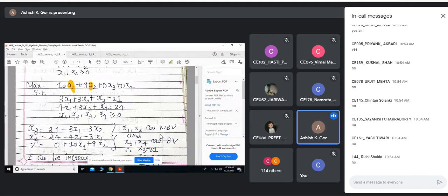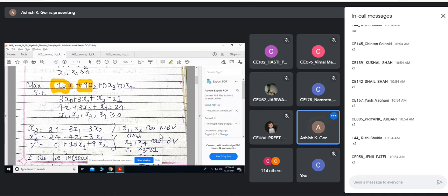Which out of x1 and x2 is more promising for increasing? You can see x1 has a coefficient of 10, while x2 has a coefficient of 9, which means if you increase x1 by just 1 unit, the value will increase by 10.